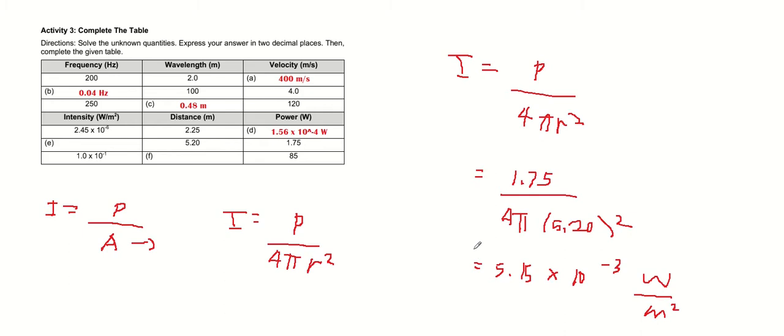Ayan, ito yung nakuha nating sagot para dun sa letter E. Ngayon, sulat ko lang dito sa table natin. 5.15 times 10 raised to negative 3 watts per square meter.